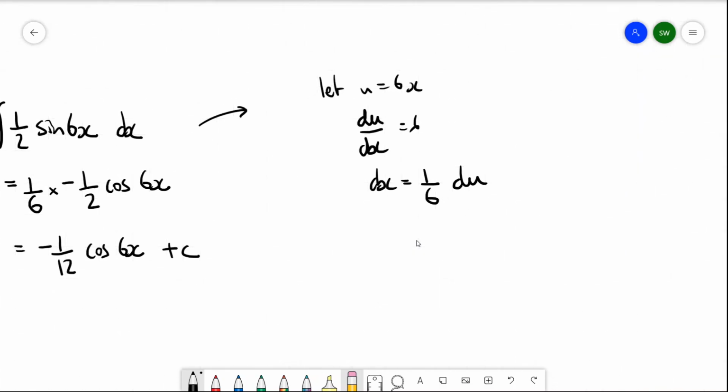So then our integral would be the integral of a half sine u times by, and if we replace dx with a sixth du, then you can see that's where that sixth comes from. So we're going to have 1/12, because that's a half times a sixth, and then the integral of sine is minus cos.